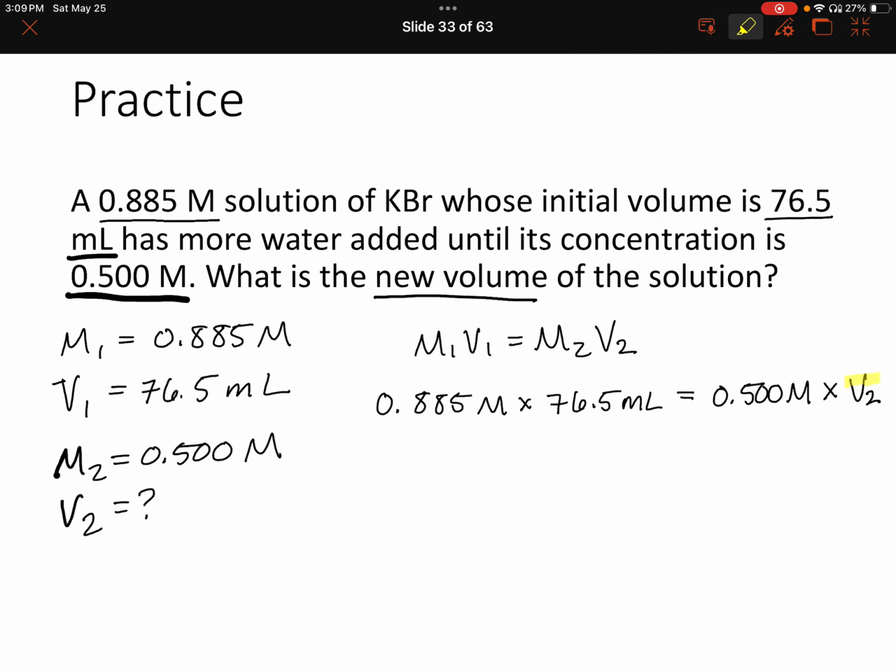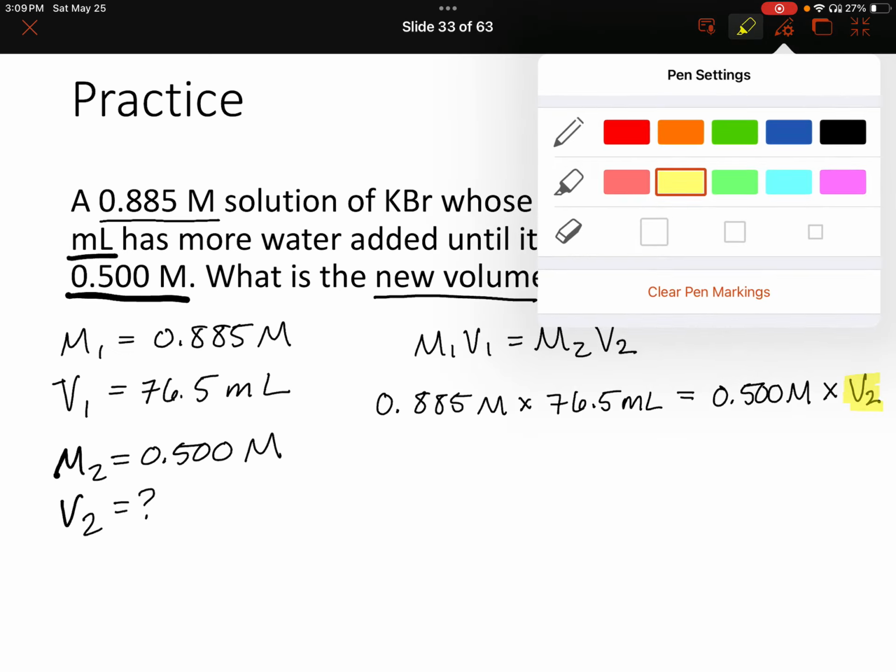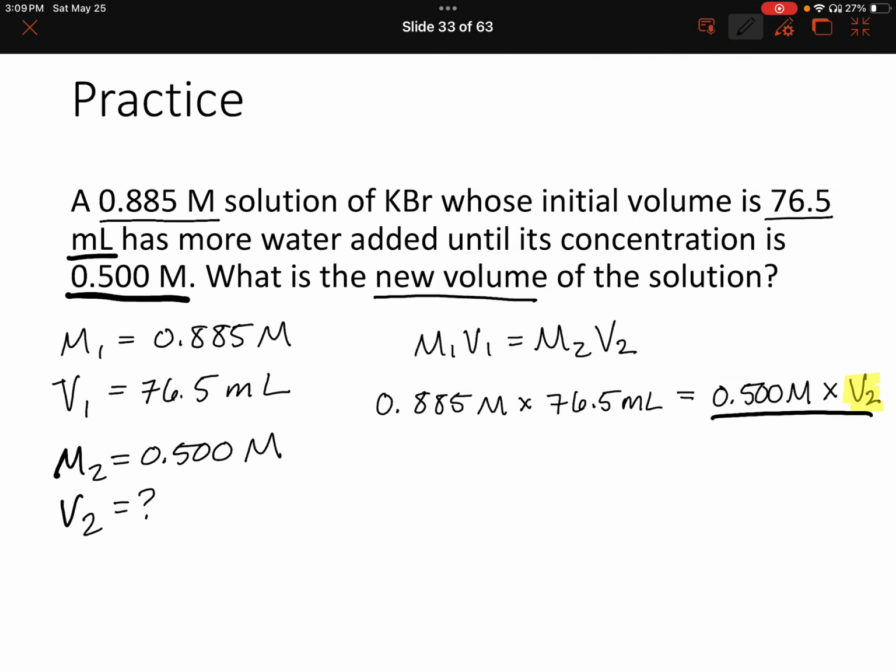All right, so we're trying to solve for V2, so let's divide both sides by 0.5. So we'll get rid of 0.5 moles per liter on the right, and we'll end up with it on the left. So it looks like moles per liter, or molarity, will cancel, and we'll be left with milliliters. So let's just rewrite this.